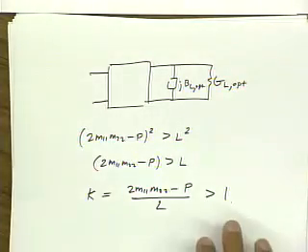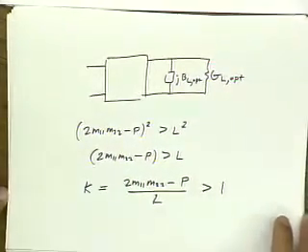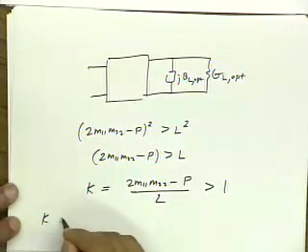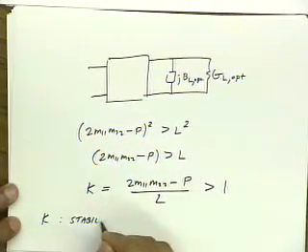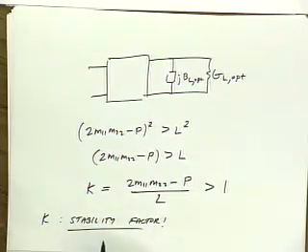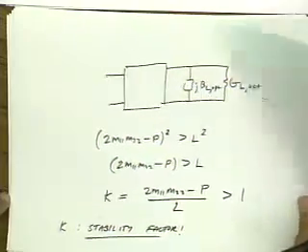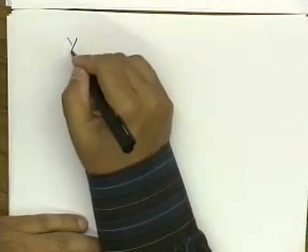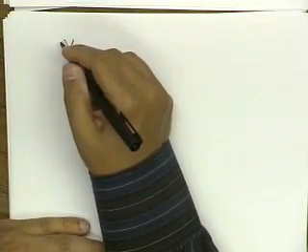Now what's interesting is that k is actually called the stability factor, and it plays a really important role. In fact, the equations that we derived for the optimum load impedances can all be reformulated in terms of k.